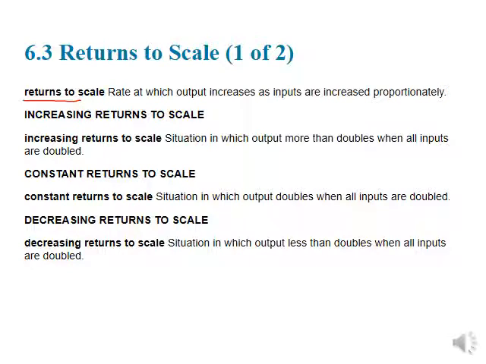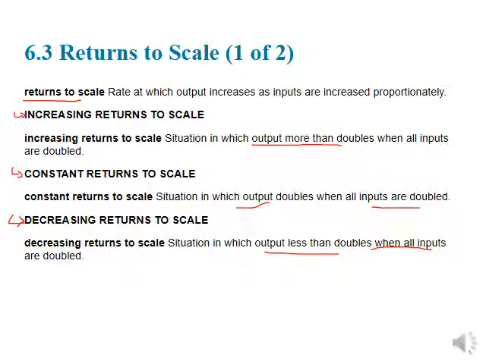So we have increasing returns to scale, where if we double all our inputs, our output will more than double. We have constant returns to scale, where when we double all our inputs, output also doubles. And we have decreasing returns to scale, where when we double all our inputs, output will less than double.